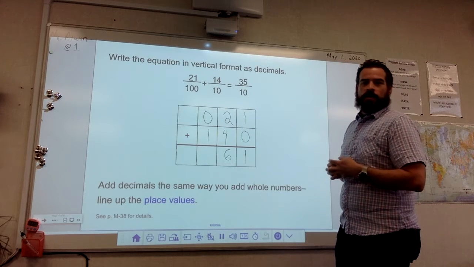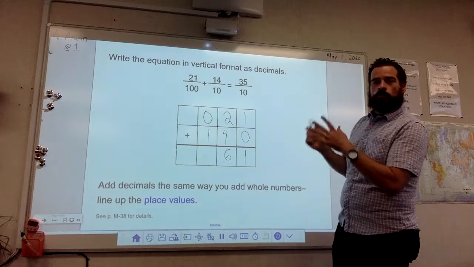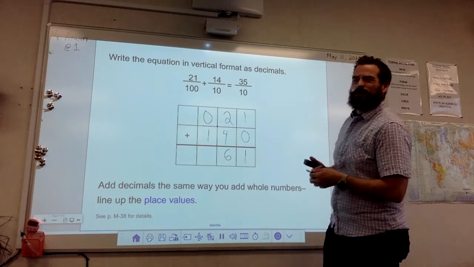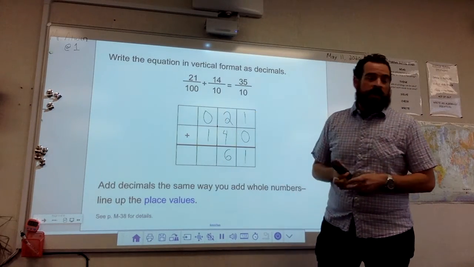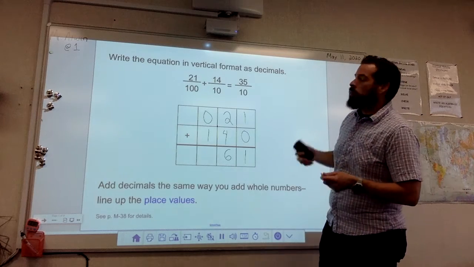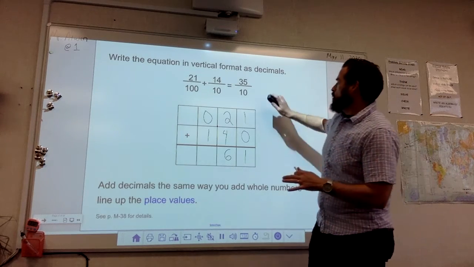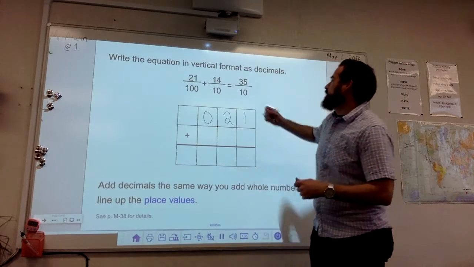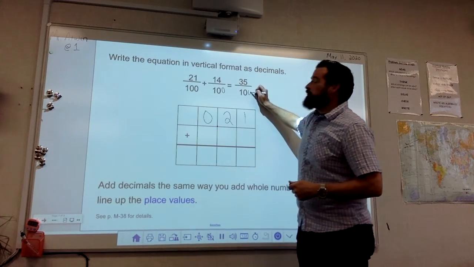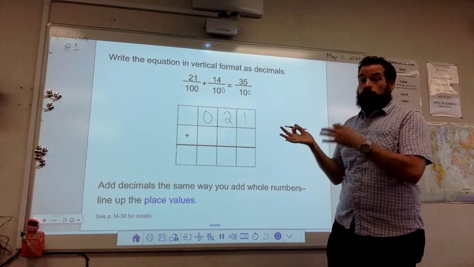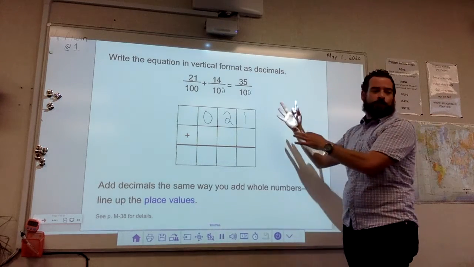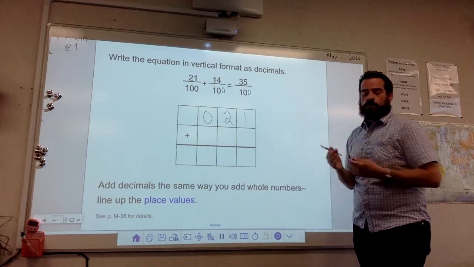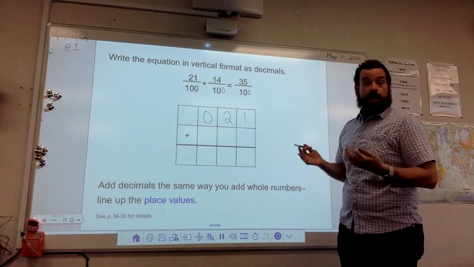So I think we're just going to have to fix this a little bit, because I think really what it wants us to do is have this as hundredths. So I'm going to get rid of this, and I'm going to add a 0 here, 0 here. Sorry about that, but just like in class, sometimes we have mistakes that come up on our lesson slides, and we fix it as we go along.